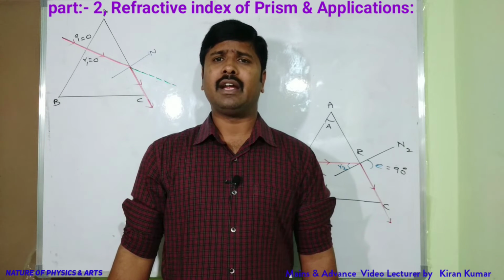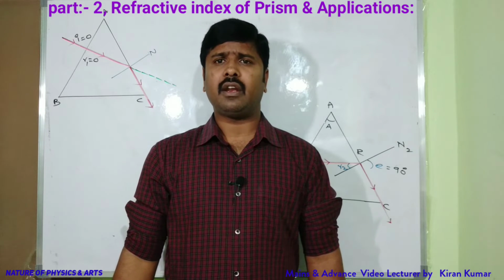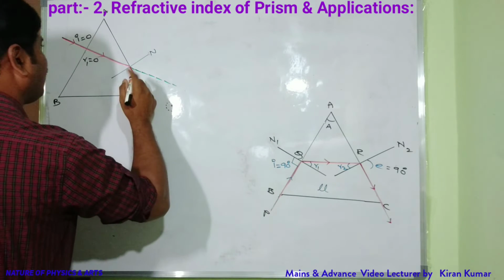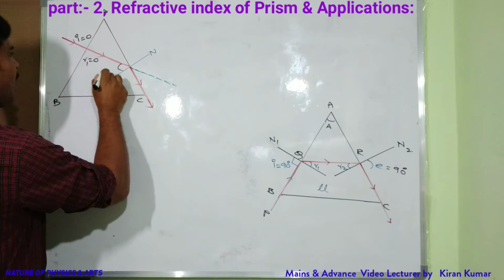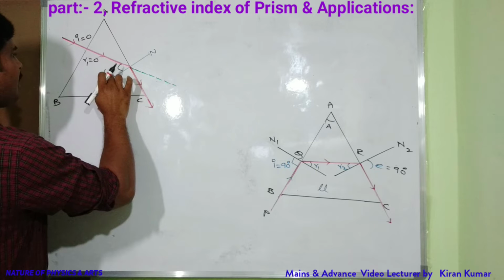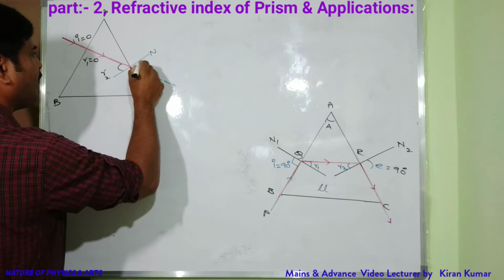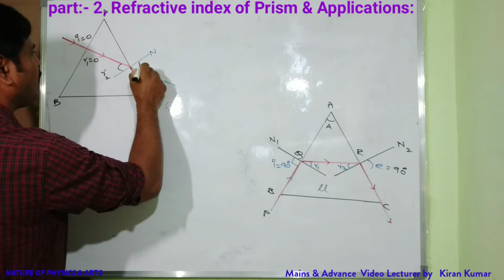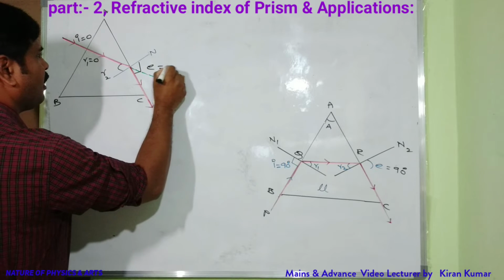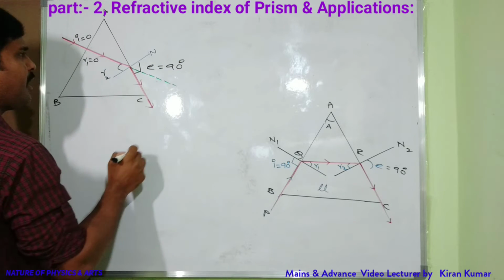The incident ray travels in a straight line path. Now r is taken as r2, that is the critical angle, and the emergent angle e is taken as 90 degrees.